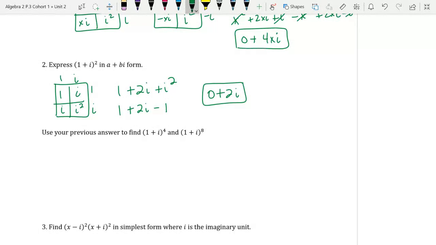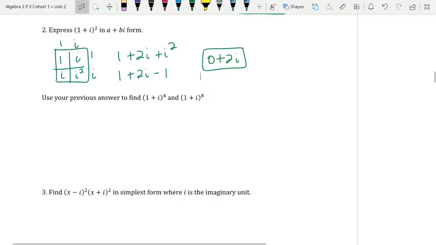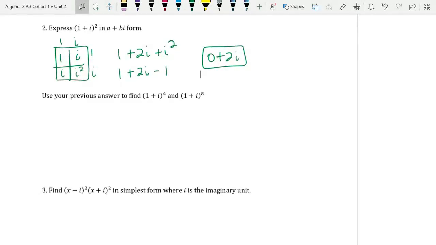Now, the second part of this question is having you do some thinking, right? I know thinking is hard sometimes. So it says 1 plus i to the 4th power, and they want us to use the previous answer to evaluate that. So if I already know 1 plus i squared, I could just square that, and I would get 1 plus i to the 4th. I've already evaluated 1 plus i squared, and that came out to be just 2i.